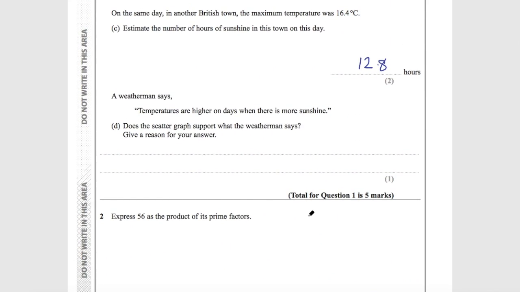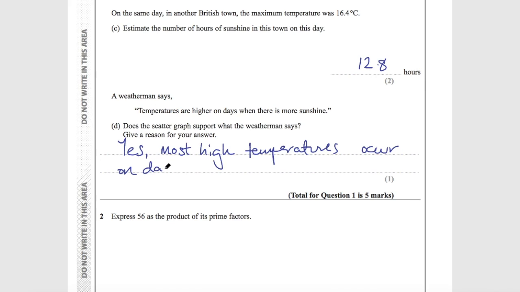So we can say that yes, most high temperatures occur on days with more sunshine. So that's a positive relationship.